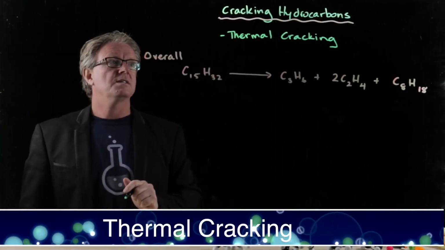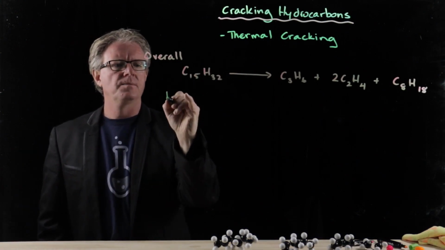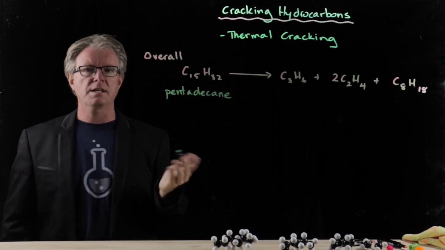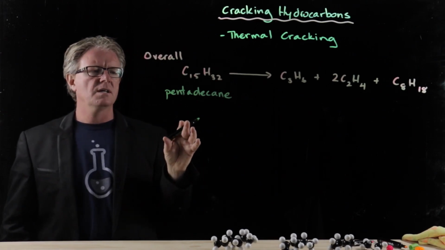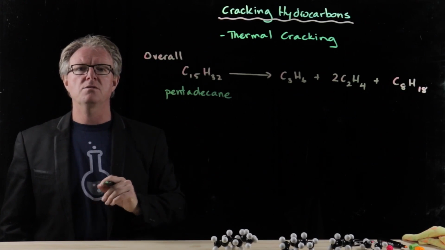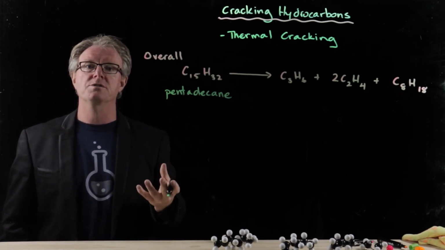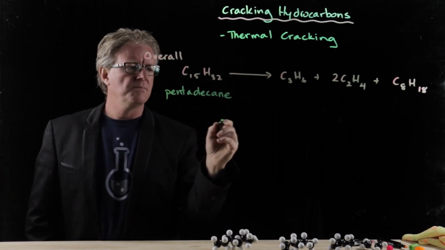Okay, the overall process here of thermal cracking, we're going to start off with pentadecane. Now pentadecane is a liquid, and once we have pentadecane as our starting material, we need to heat it up inside a furnace. And inside the furnace they have these coils, okay?